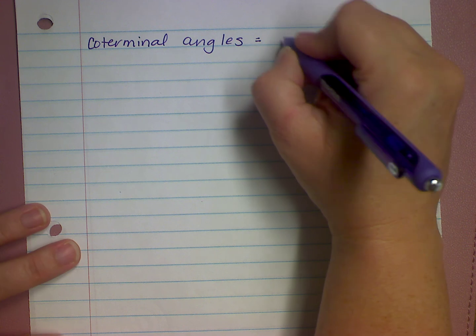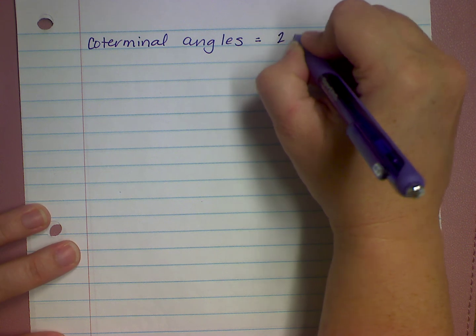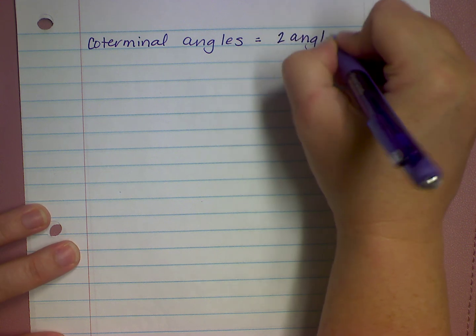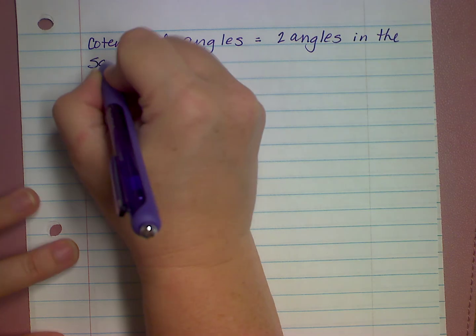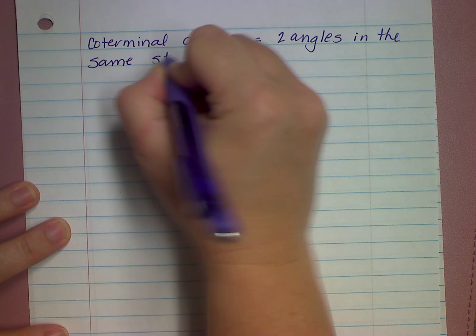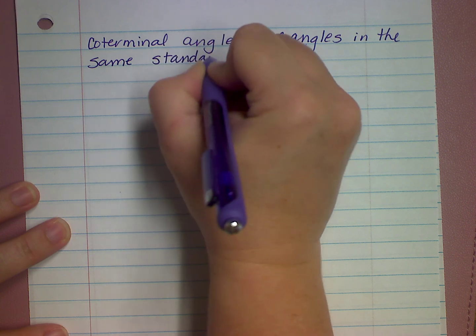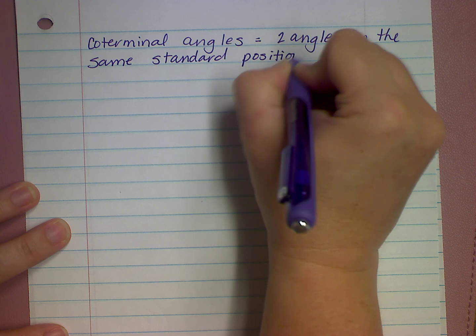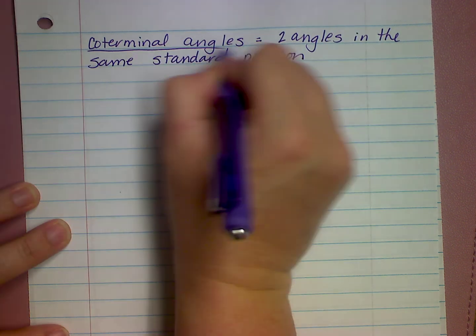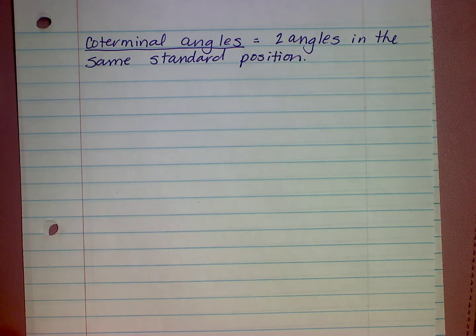Coterminal angles are two angles in the same standard position. In other words, their terminal side is in the same location.